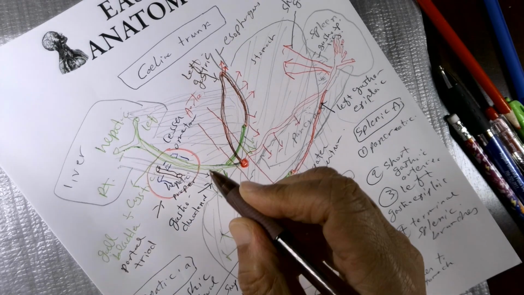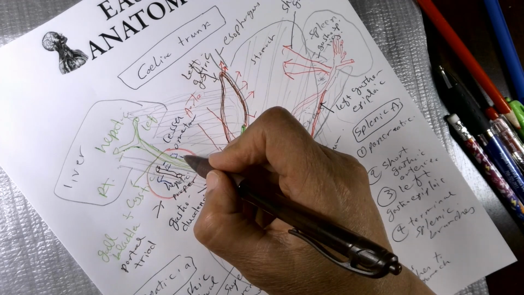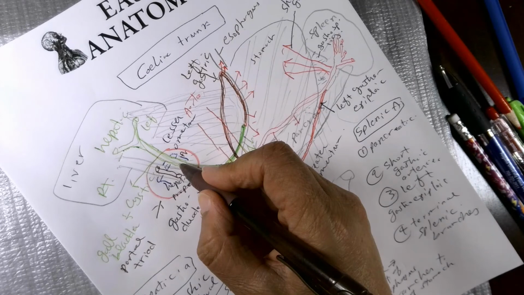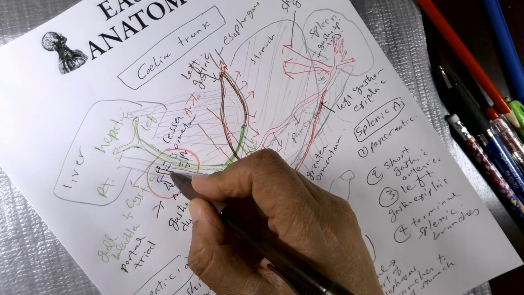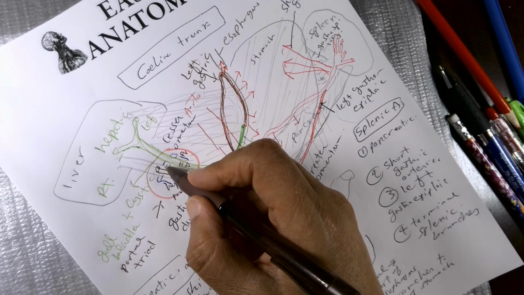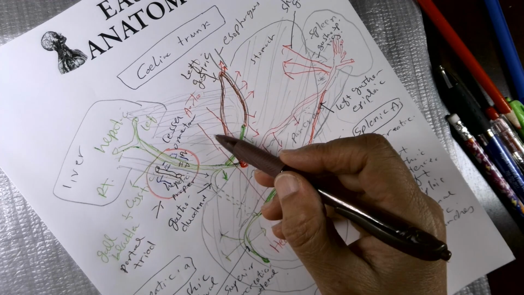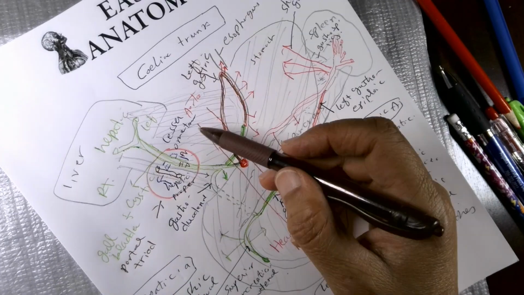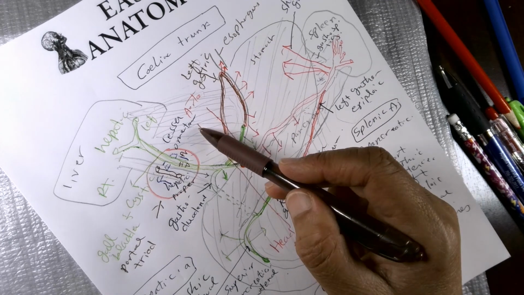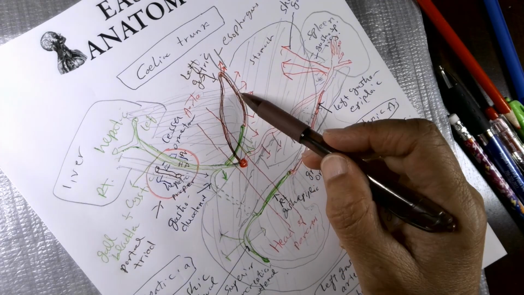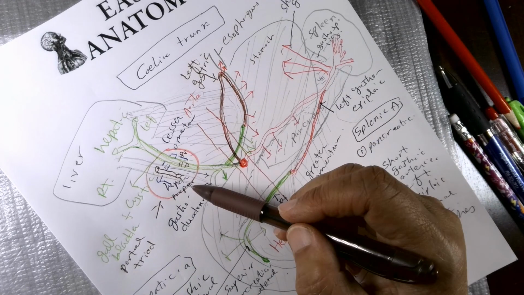If I ask you what are those structures, portal vein, this is the portal vein, then hepatic artery, HA, then common bile duct. Okay, so this is basically the most important structures here in this area. If I ask you what are the contents of the lesser omentum, you will see that you have right and left gastric here in the attached border. In the free border you have the portal triad.